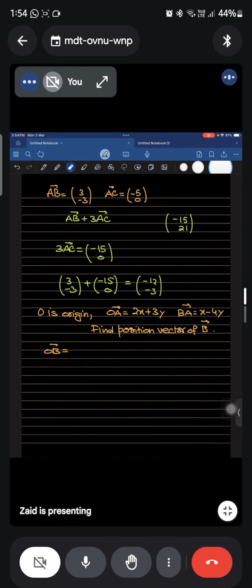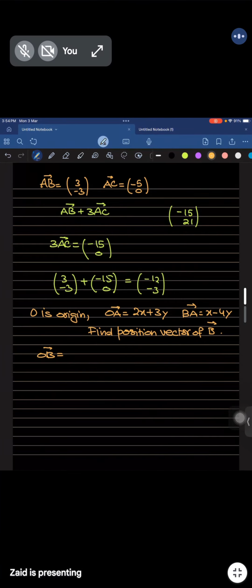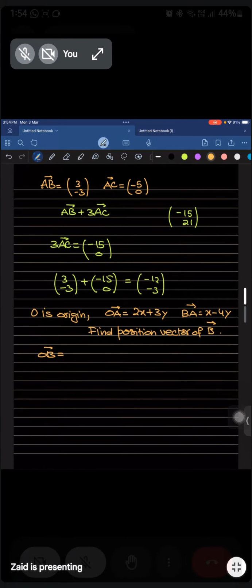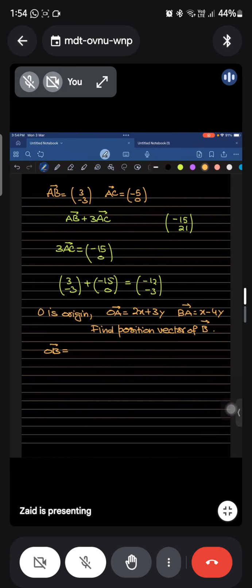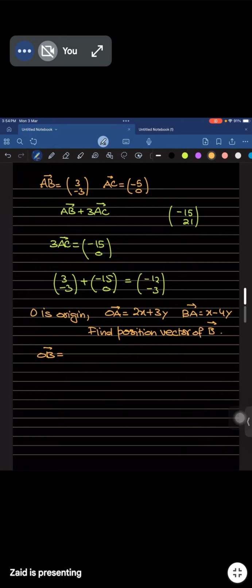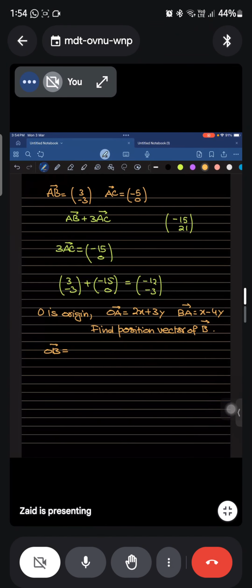Can I even make the expression? Zainab, will you make the expression for this? How are we going to write? I need to find OB, starting from O. So OA plus AB. OA plus AB. Very good.